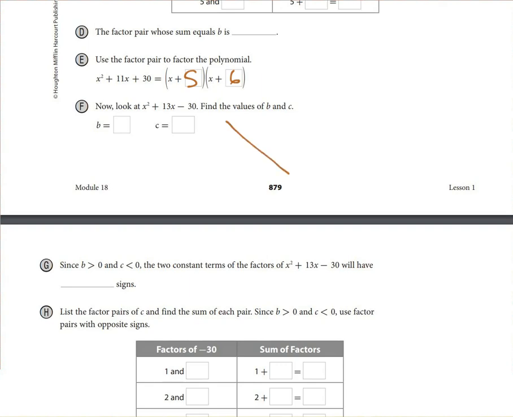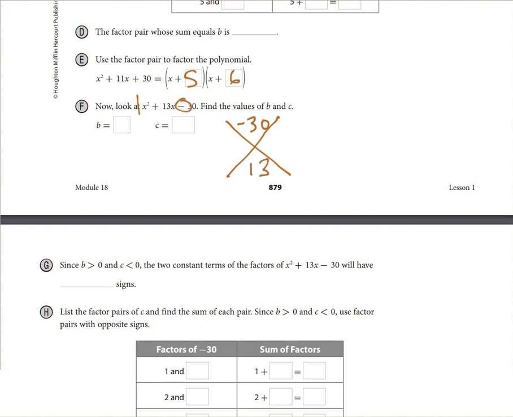Now they give us another example here. Again, we're going to make the x. This is how I want us to do this when we're factoring these trinomials where the first number in front of x squared is a 1. Now we need two numbers that multiply to negative 30 and add to 13. Because they need to multiply to a negative number, one of these numbers is going to have to be negative.